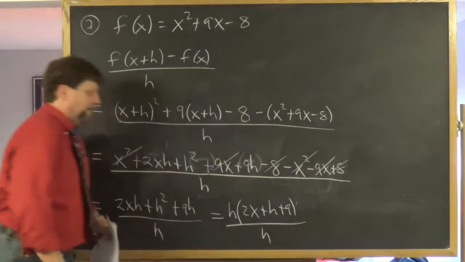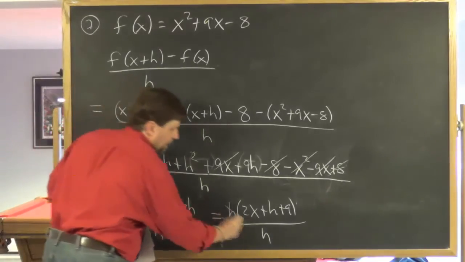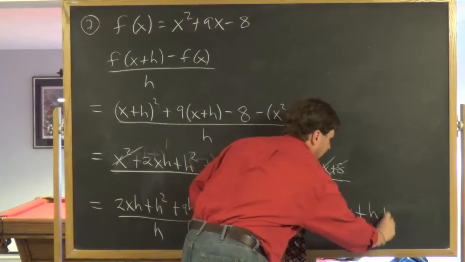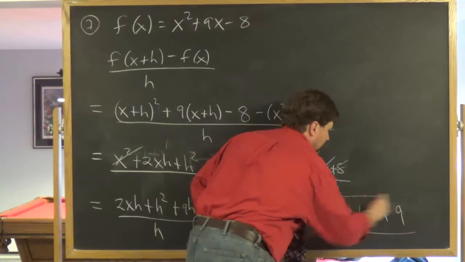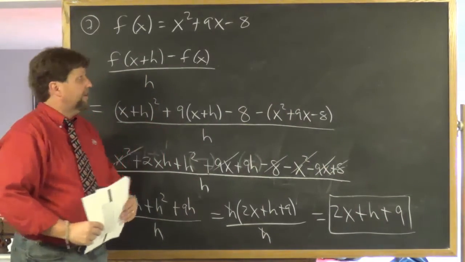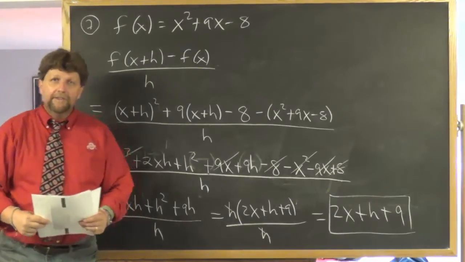And once we factor an h out of the numerator, we can cancel the h out. So cancel, and we get 2x plus h plus 9. So that's what we get as our simplified answer. And that's all there is for number 7.